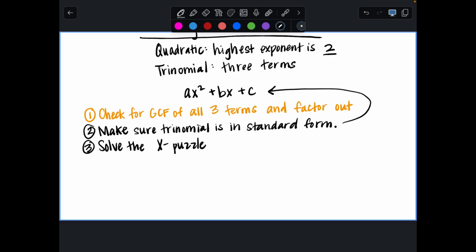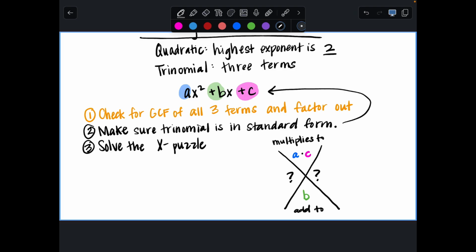So remember that the x puzzle, we have A, B, and C. The top number of the x puzzle will be A times C. And the bottom number is your B. So you're going to figure out which 2 numbers multiply to give you the top number and same 2 numbers add to give you the bottom number.